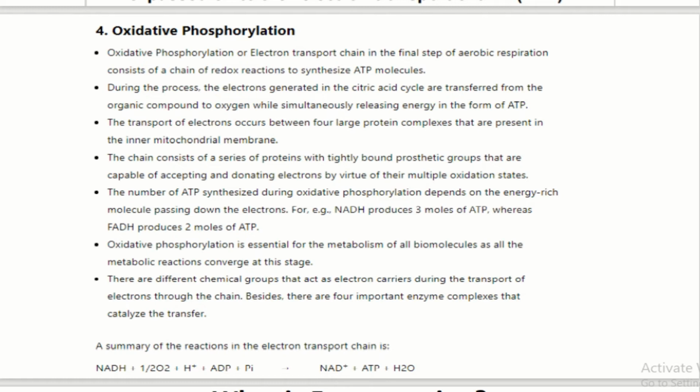Oxidative phosphorylation is essential for the metabolism of all biomolecules as all the metabolic reactions converge at this stage. There are different chemical groups that act as electron carriers during the transport of electrons through the chain. Besides, there are 4 important coenzyme complexes that catalyze the transfer.